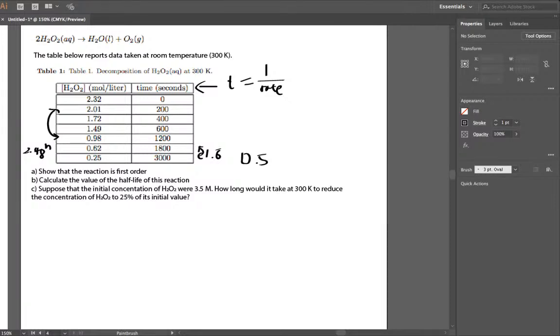What is the integrated law? Okay, yeah, I found the integrated law. For the first order, you need to plot it with the ln. Okay, so let's just go ahead and say it's the ln of y1.